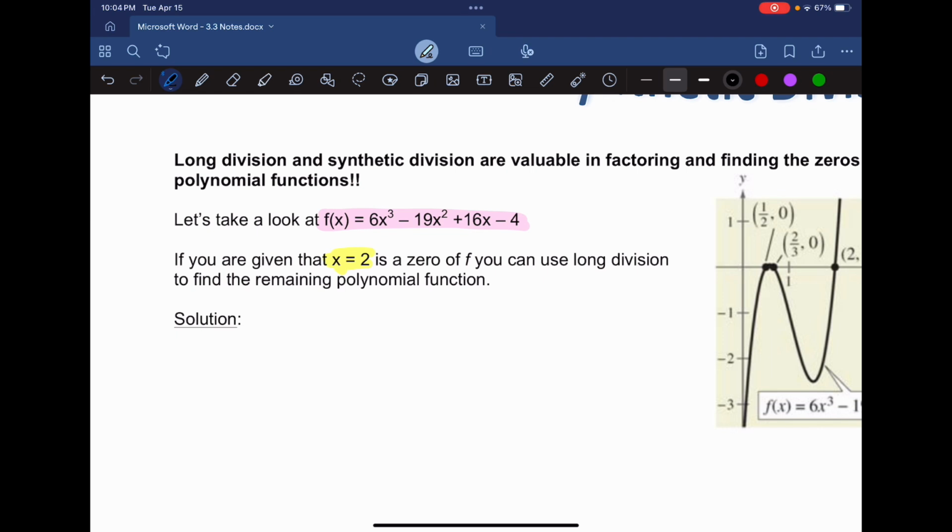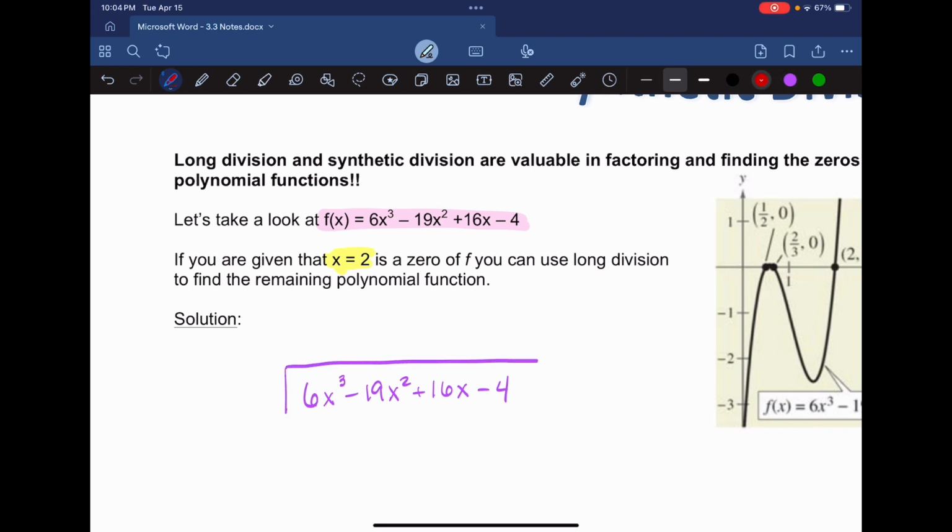So I have the first one. I'm going to just copy it down. My 6x cubed minus 19x squared plus 16x minus 4, okay? That's what I'm dividing by something. That's my starting one.